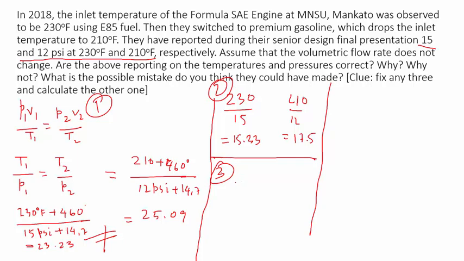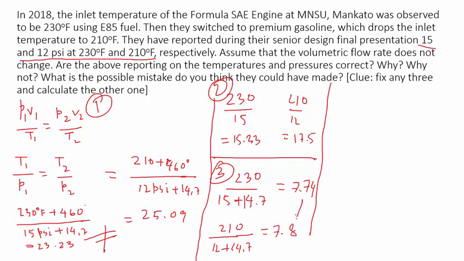They probably didn't convert the temperature, however they converted the pressure like that. So this is 7.74, and then 210 divided by 12 plus 14.7, I have got 7.8.